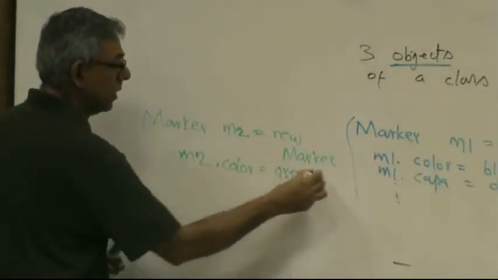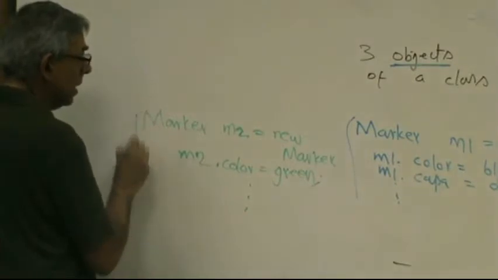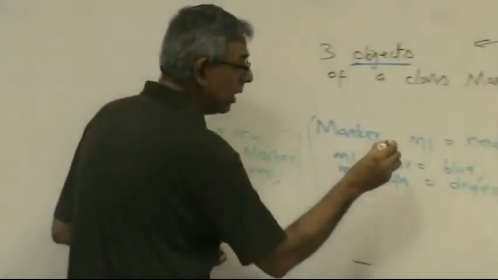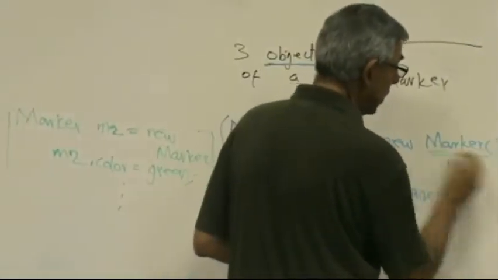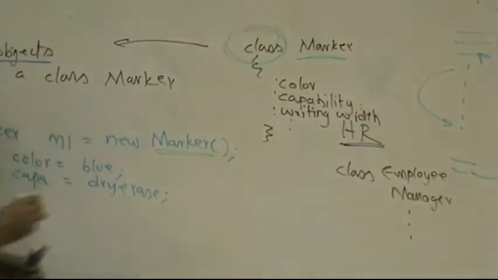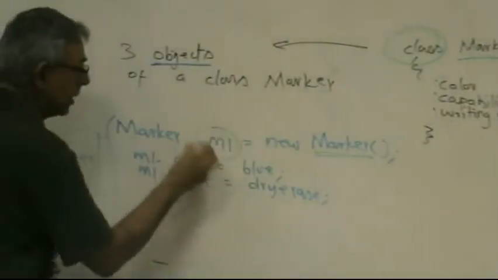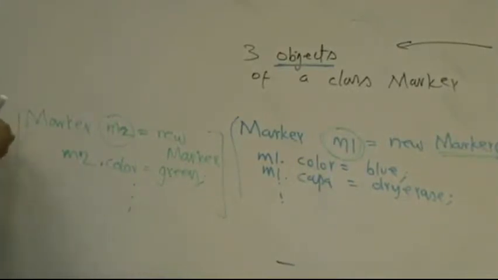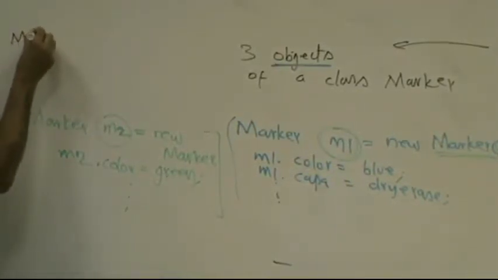Okay, so approximately this is how we'll be writing our code. So what is marker in our example? Marker is the class. What is M1? What is M2? And very similarly, if I create M3 over here for the black marker.